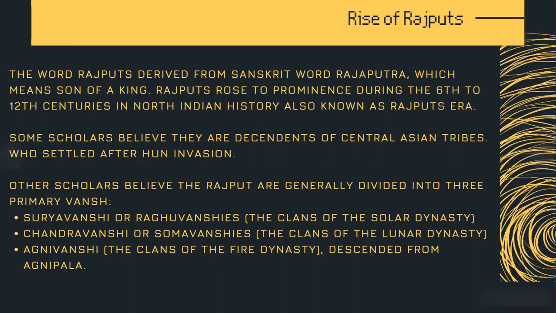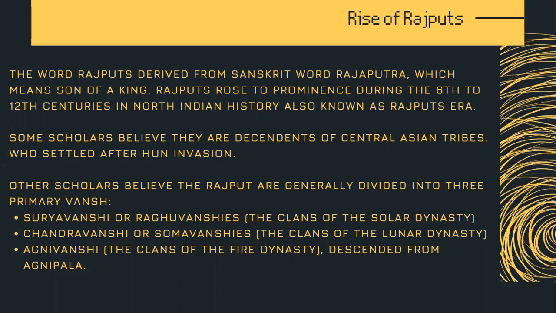Now, what's their origin? How did they come in the subcontinent, right? So there are two theories on this. One particular bunch of scholars believe that they are descendants of the Central Asian tribes, right, who settled in the subcontinent after the Hun invasion, while other scholars believe that Rajputs come from three vanshas, right?